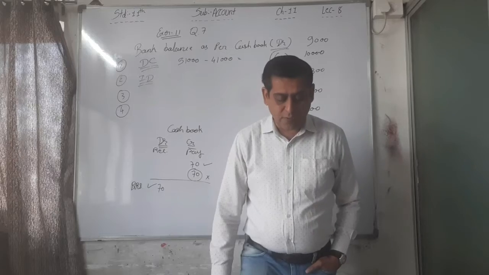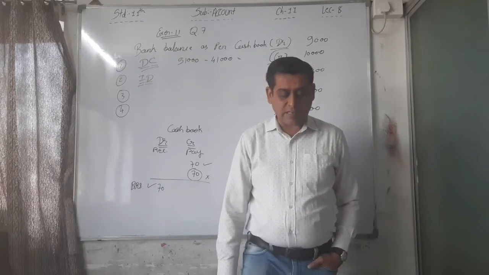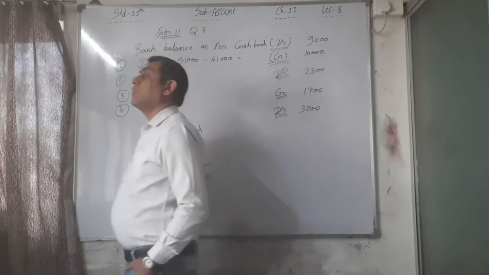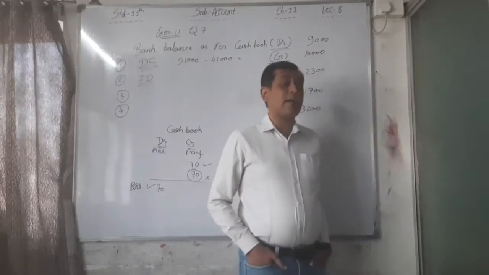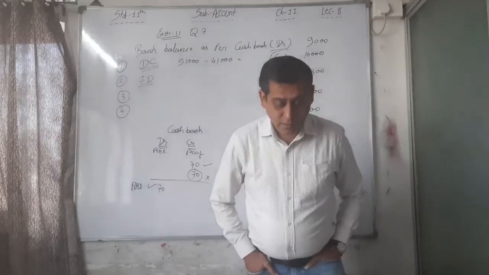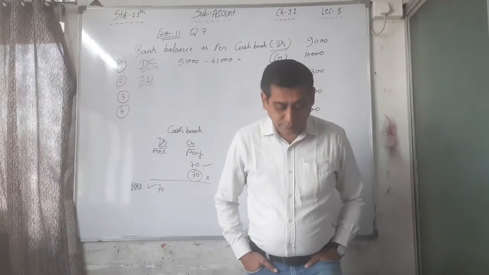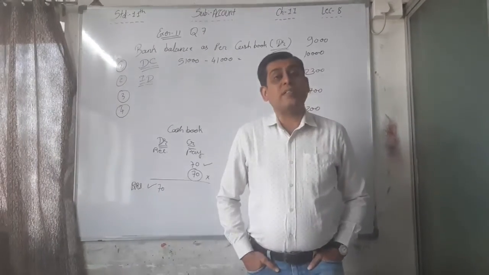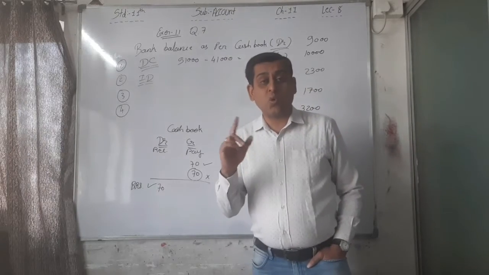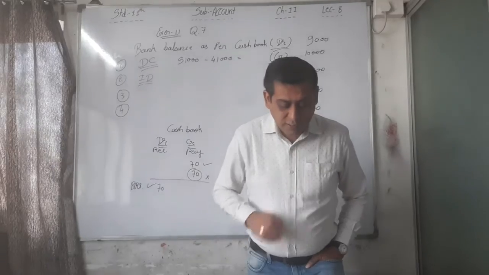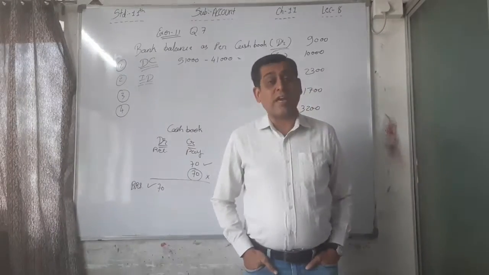Total of receipt side of the cash book is overcast. Again, overcast. What is the rule? Undercast, same side. Overcast, opposite side. Right? Undercast means same side. But here the word overcast is there. So overcast, opposite side. But here which side? Receipt side of the cash book.